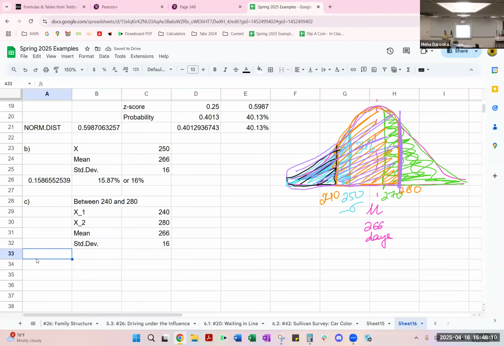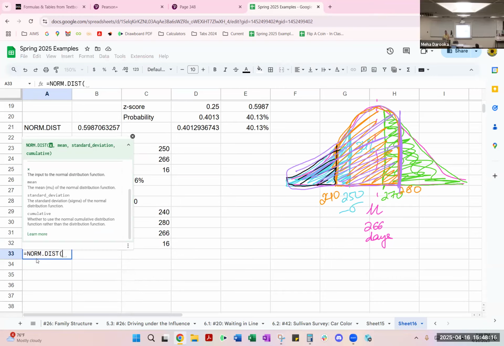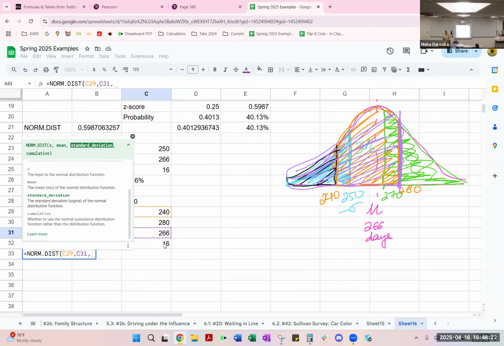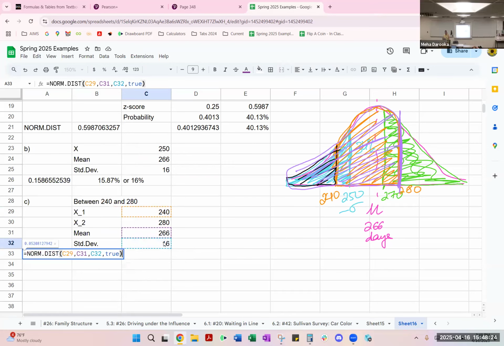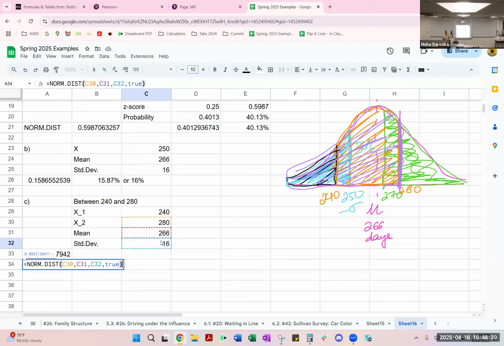Let's do the norm dot distribution for the first one. So norm dot dist for 240, comma, the mean, comma, the standard deviation, and then we want to do true. We're going to do the same thing for 280, so norm dot distribution for 280, then the mean, then the standard deviation, and again, you are doing true.